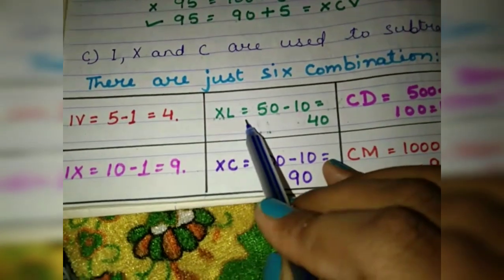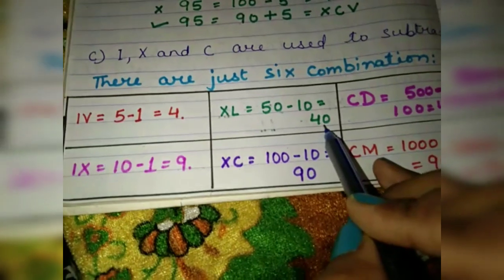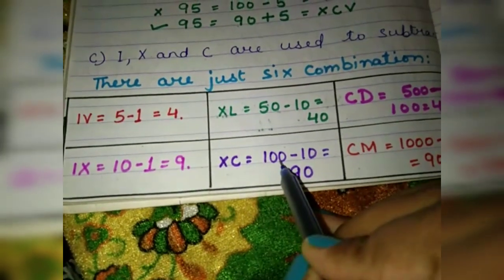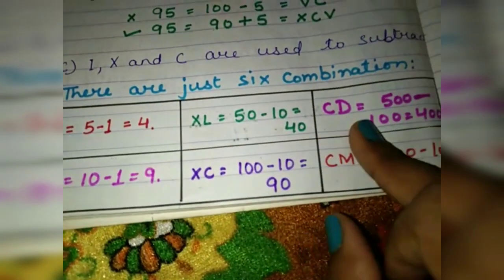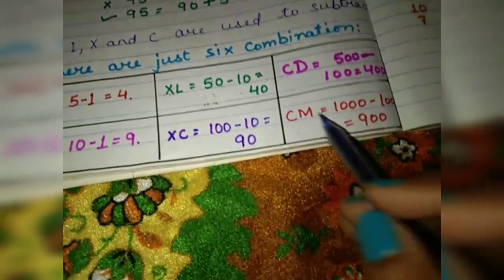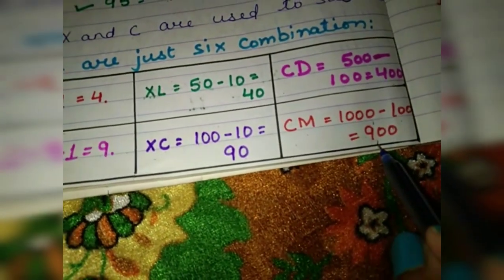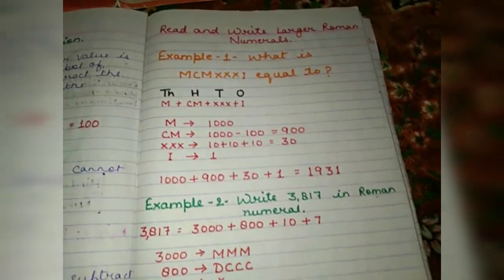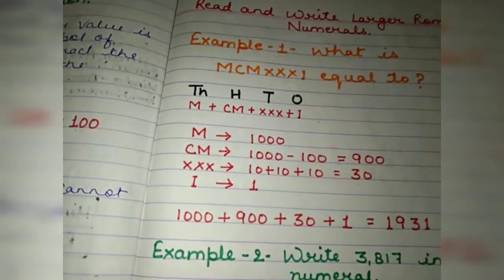Third is XL equal to 50 minus 10, that is 40. XC means 100 minus 10, that is 90. CD, that is 500 minus 100, that is 400. CM, 1000 minus 100, that is 900. Clear?